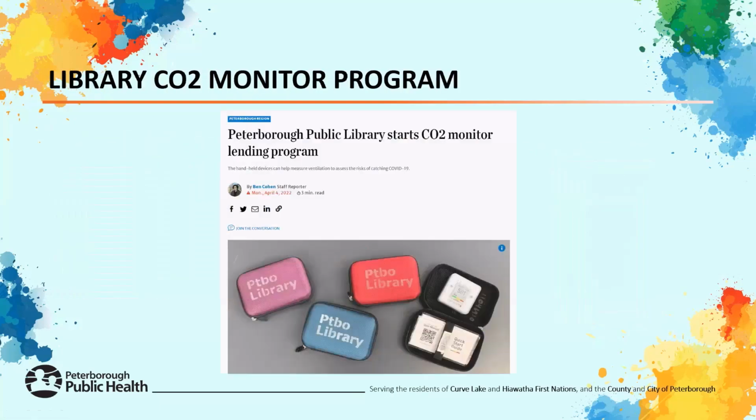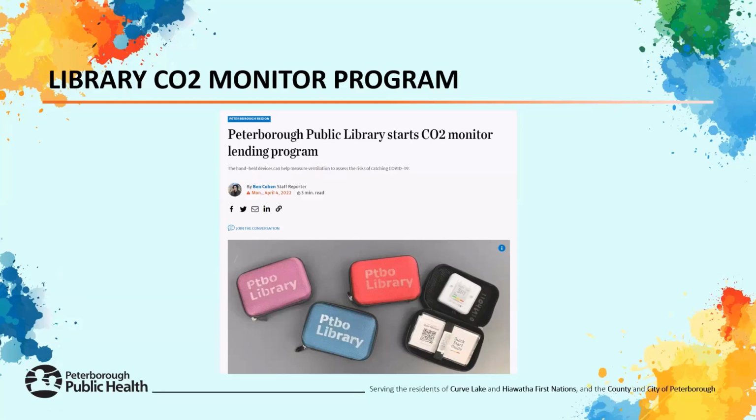So, improving ventilation. Peterborough Public Health's been really interested in this. One of our first initiatives, and thanks to partners, there's a really great mixed group of partners that came together, including companies selling CO2 monitors and advocacy groups around COVID-19 and CO2 monitors.